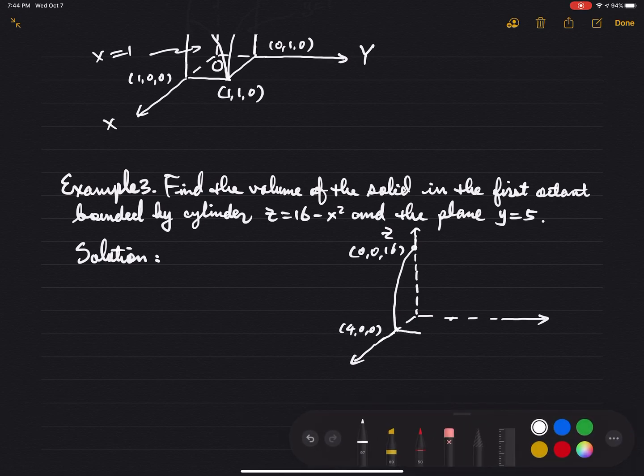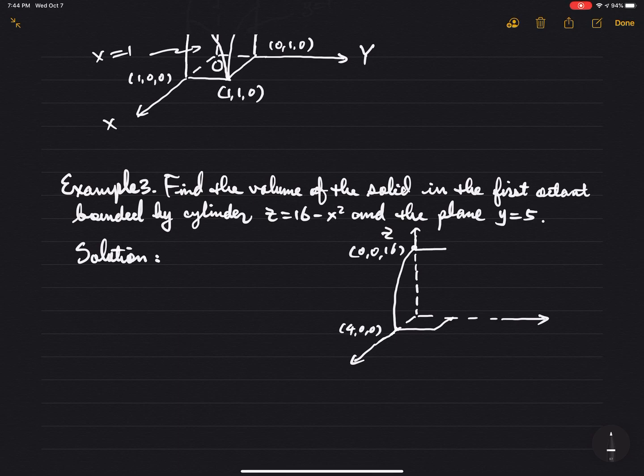This is parallel to the y-axis, and here we're going to have this, suppose here is 5. So this surface is z equals 16 minus x squared.